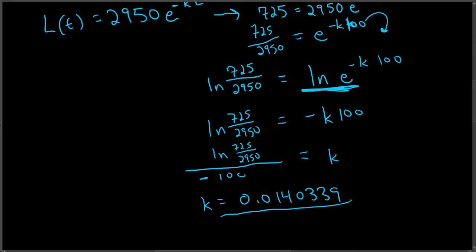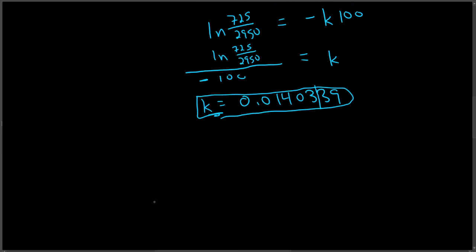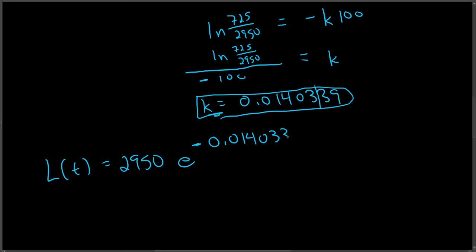Now, I'm going to keep all these extra decimal places for my model. I think within the precision we have, 4 significant figures is probably okay, but I'll keep it at 6 for right now. And so the model that I'm able to make from this pushes the whole change function and how the rate of change is going through into the k constant. And so the k constant comes through.